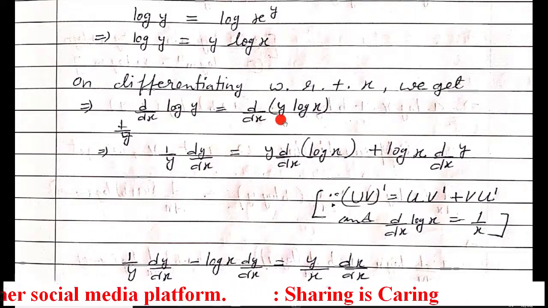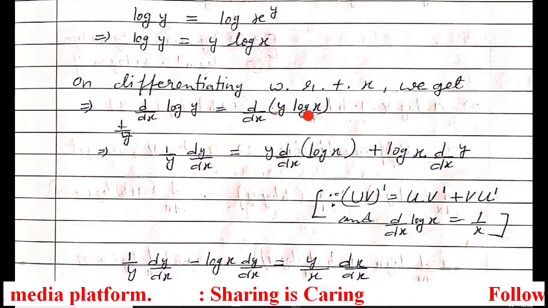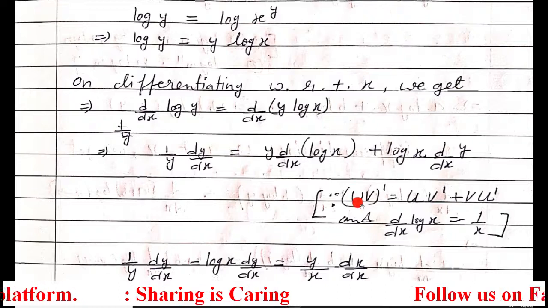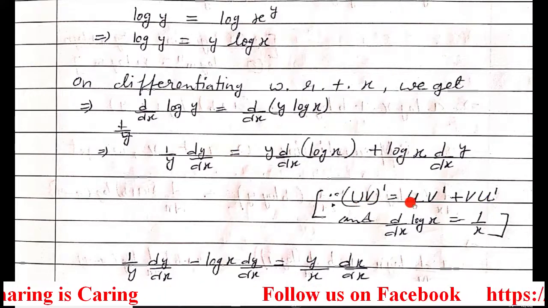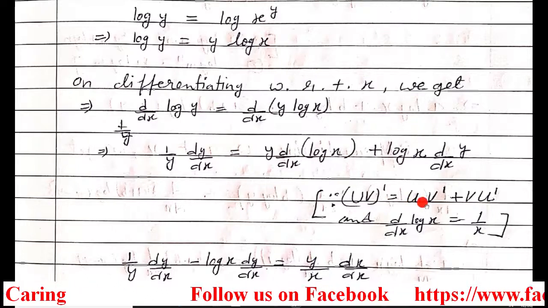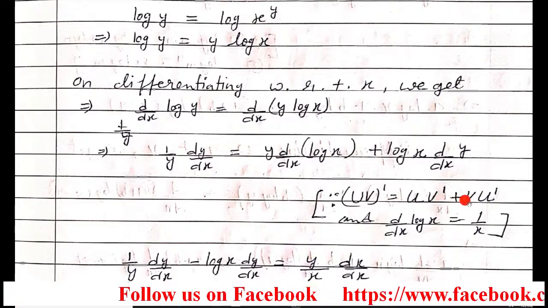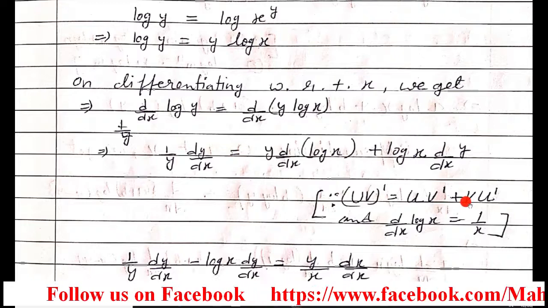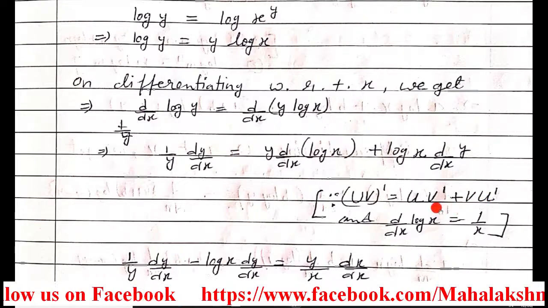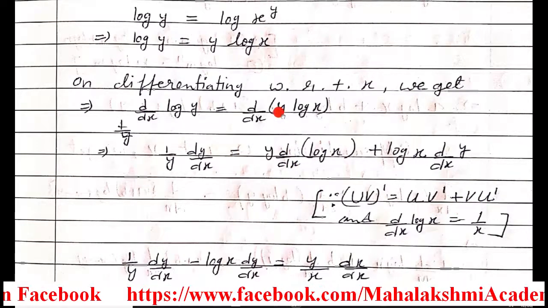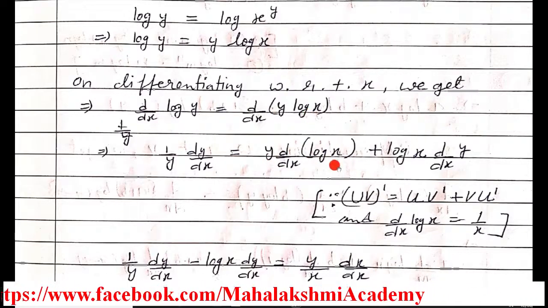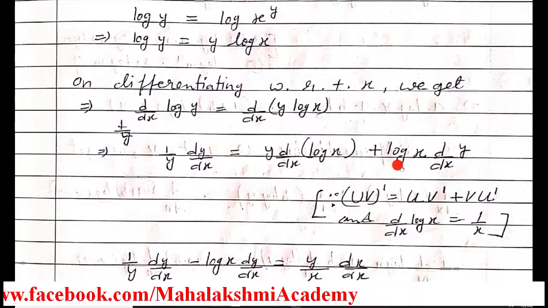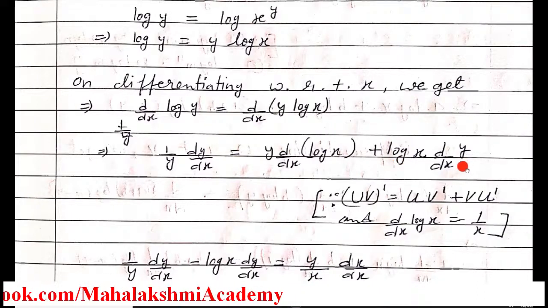Now here we have two functions, y multiplied by log x. When two functions are multiplied, this is the formula: one function we keep as it is and differentiate the second function, and then keep the second function as it is and differentiate the first function. In the same way here, I kept y as it is, and the derivative symbol came with log x. Then next, log x I kept as it is, and the derivative symbol came with y.